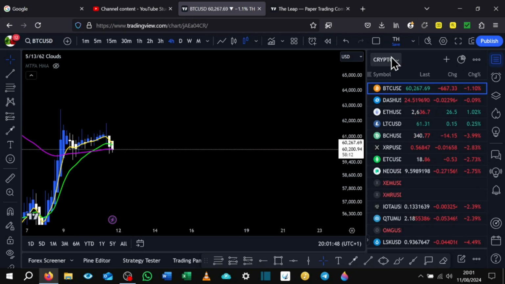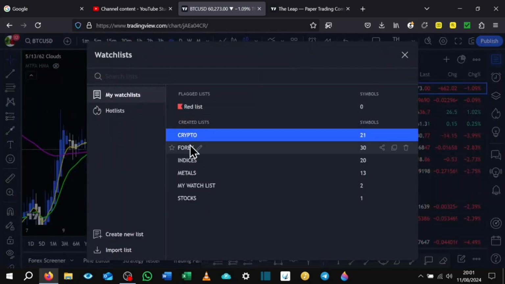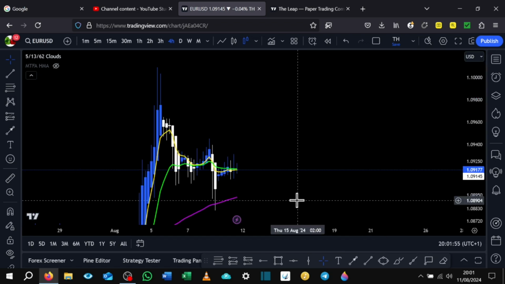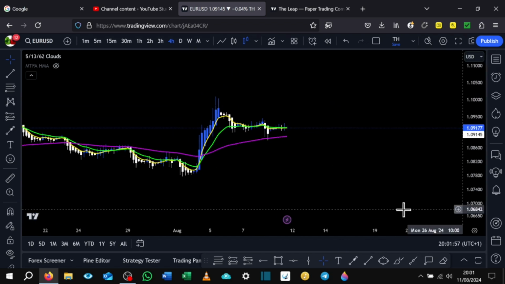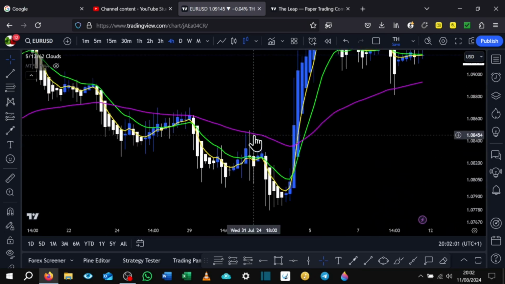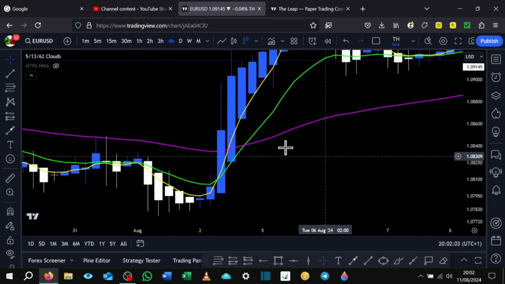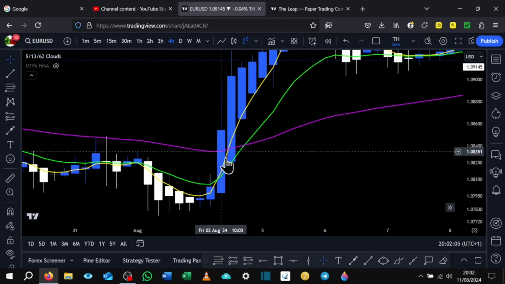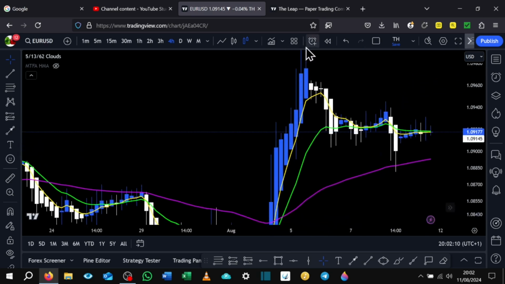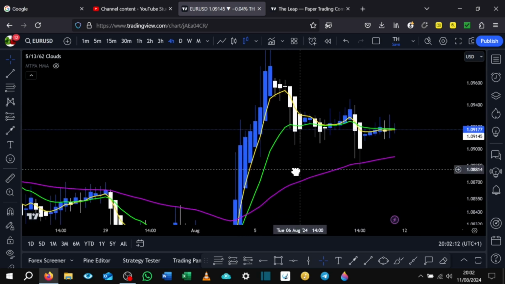And then I'm just going to go over one more, which is the Forex, one of the majors, EURUSD. And we had a beautiful 5, 13, 62 EMA crossover here. That would have been great to buy there and catch this move up, which has been great.